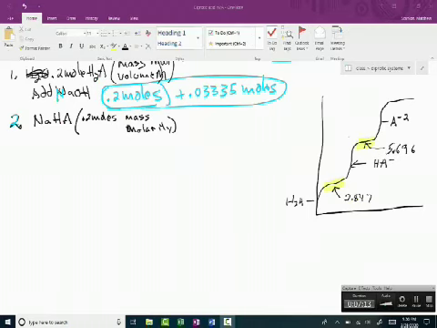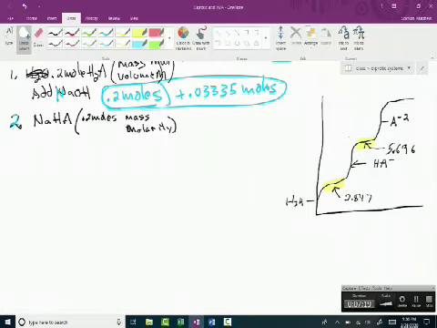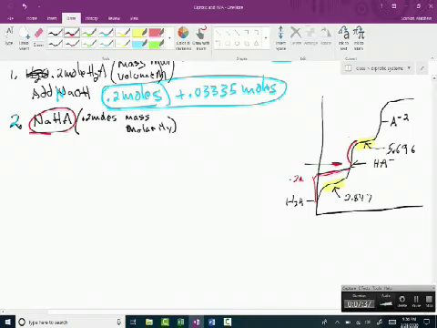Sorry, more fiddling around. Okay, so I know I'm starting right here at HA minus, because I have sodium NaHA, the sodium malonate. All I've got to do is, I can think about it as already having the 0.2 moles here.